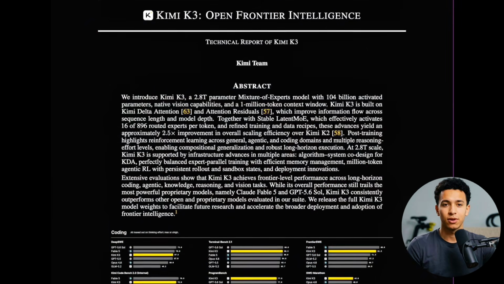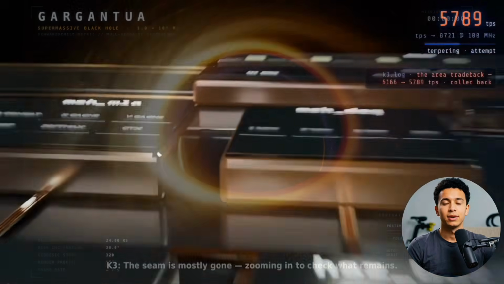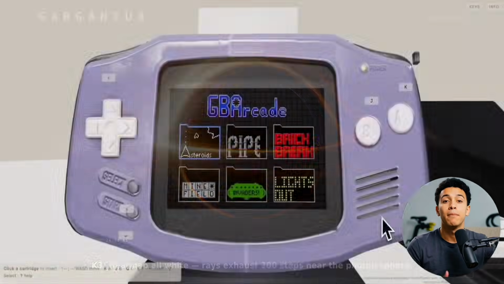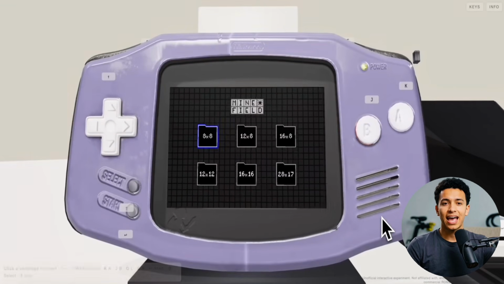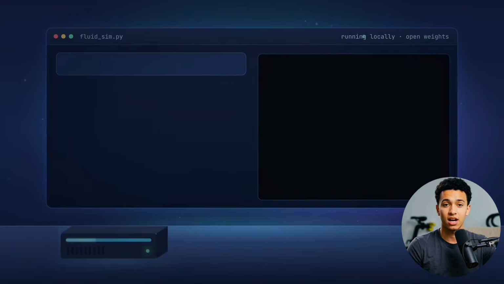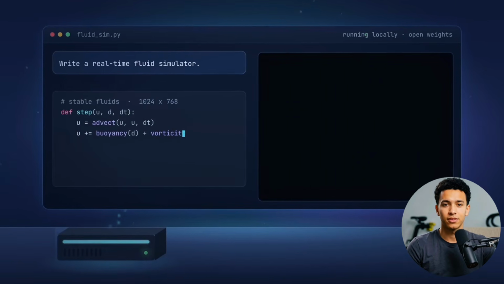Yes, Kimi K3 is currently far too large for most people to run locally, but distilled versions could eventually bring many of these capabilities to much smaller systems. And when that happens, the technology becomes dramatically more accessible. We're entering a period where AI models can potentially run alongside open-source software on infrastructure that anyone can access and improve.